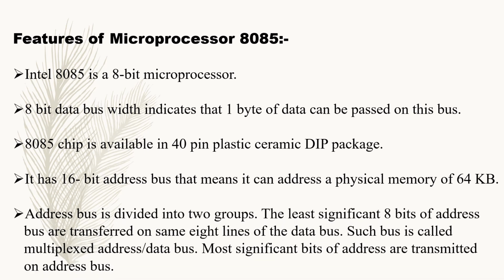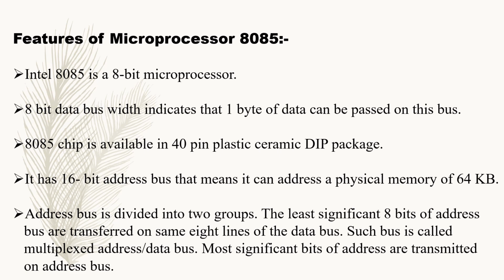The address bus is divided into two groups. The least significant 8 bits of the address are transferred on the same 8 lines of the data bus. Such a bus is called a multiplexed address and data bus, that is AD0 to AD7, which is bidirectional. We multiplex to reduce the number of pins. The most significant bits of the address are transmitted on the address bus, that is A8 to A15, which are the higher order address bus.